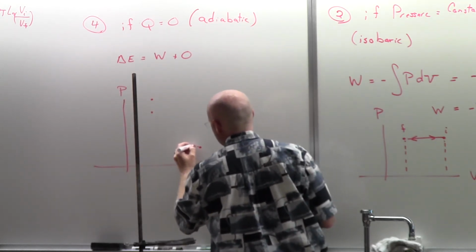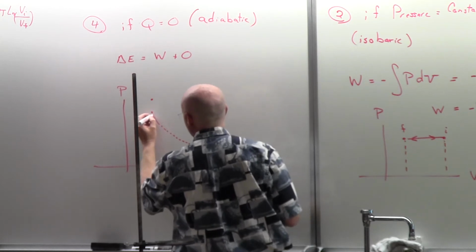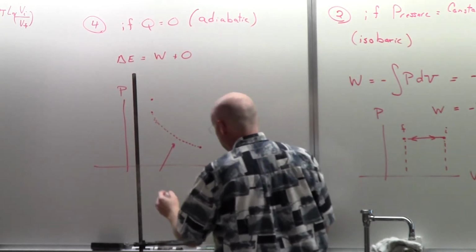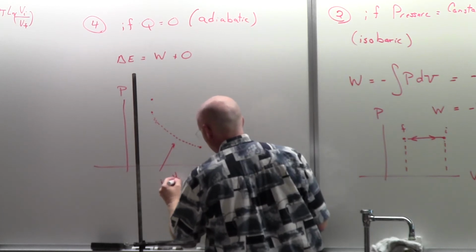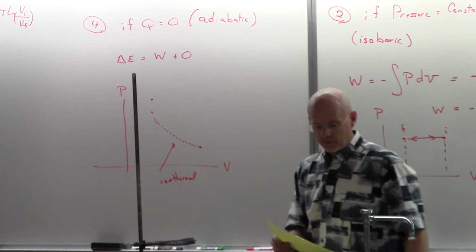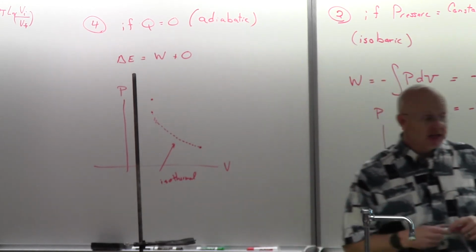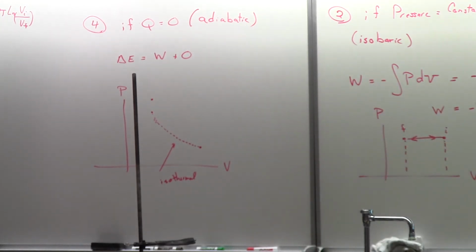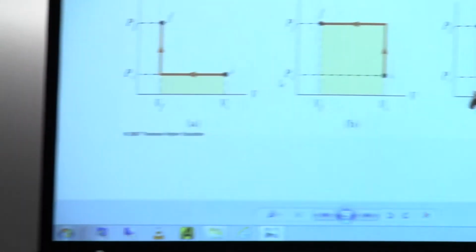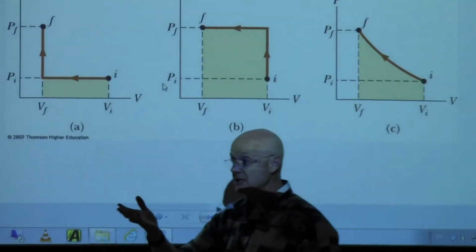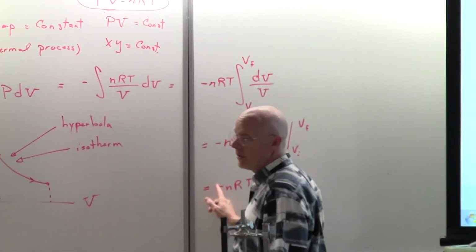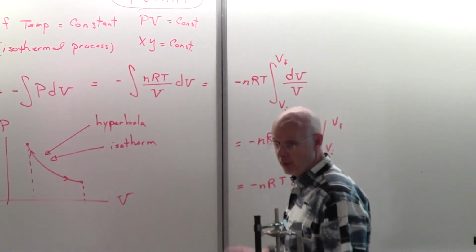I'll draw a dotted line here to represent the isotherm. You can kind of see when you compress something real quick, what's going to happen is the volume's going to go down, the pressure's going to go up, but also what happens is the temperature goes up. And so that didn't happen for our isotherm.